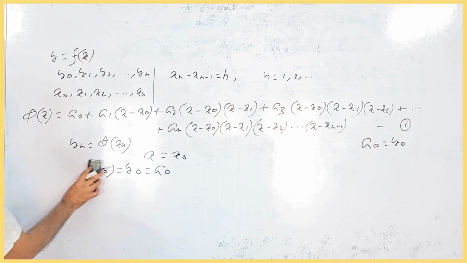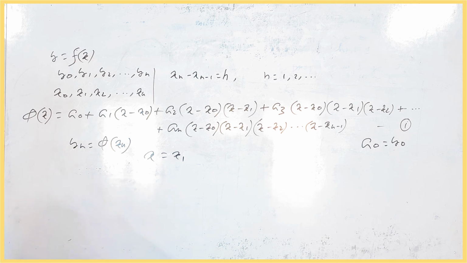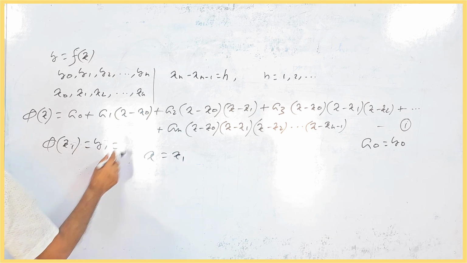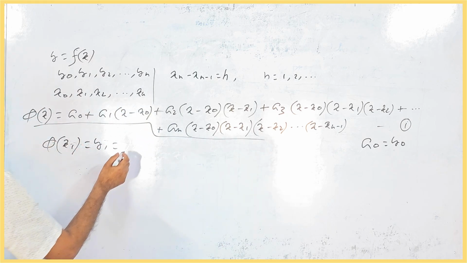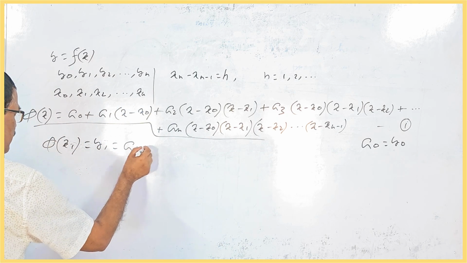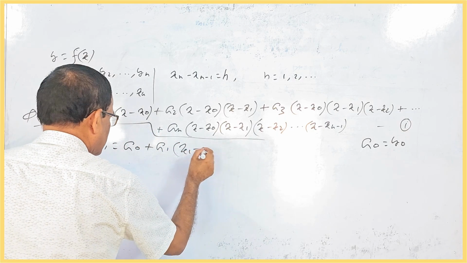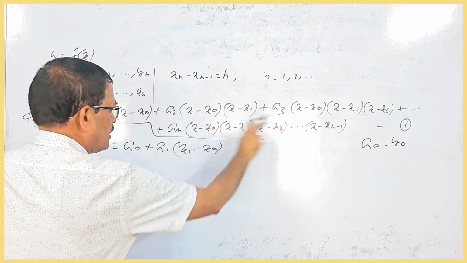Next, I will put x equal to x1 in 1. Then on the left hand side it is phi of x1, and by definition it is y1. And on the right hand side, the first term is a0 plus a1 times (x1 minus x0), and the other terms are 0 because of the factor x1 minus x1, which is 0.